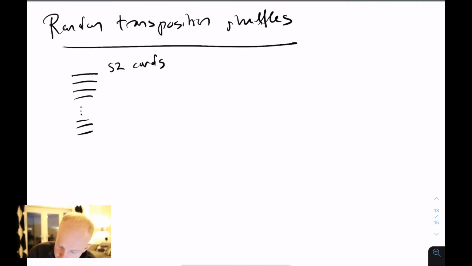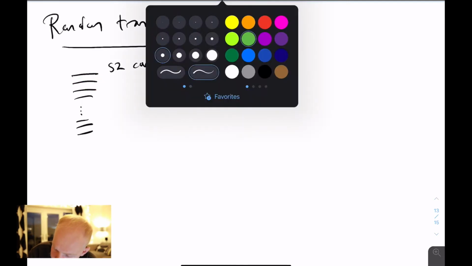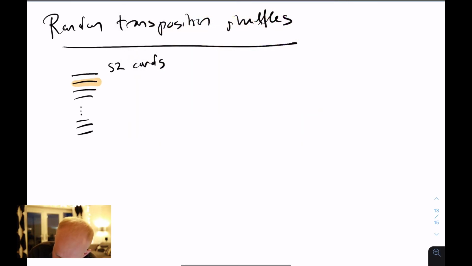Let's mark this one with a color, maybe use another, this one and then that one, and you swap these two cards. So this is a transposition.